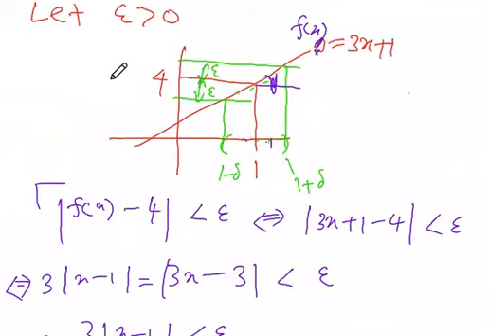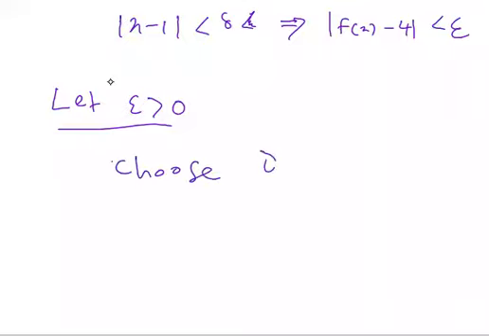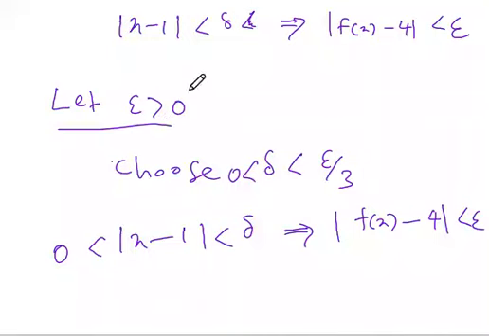So now, how do you write this proof? Given any positive epsilon, we choose a positive delta such that delta is less than epsilon over 3.